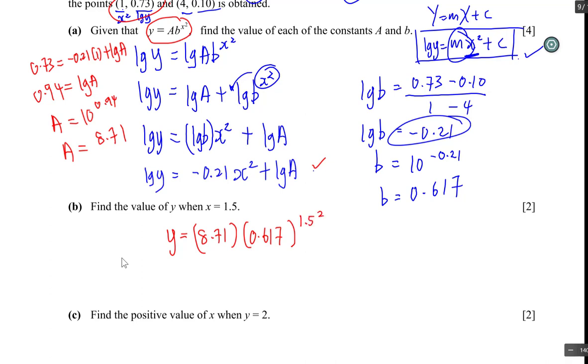Yeah, a lot of power, but you can let the calculator do the job. Alright, so 8.71 multiply 0.617 power of 1.5 squared. So you'll get 2.94, which is your final answer.